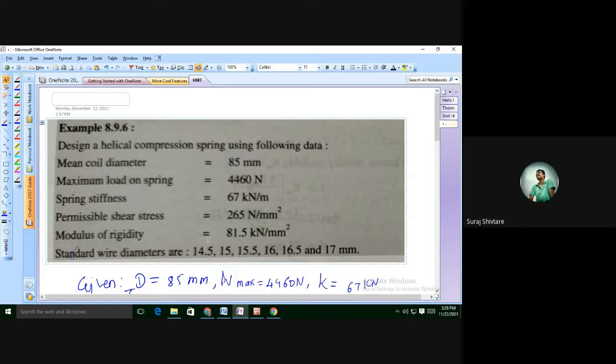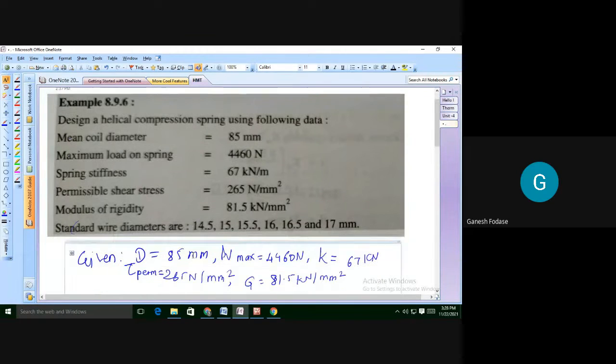Initial compression is given, which was not given in the first case. But which parameter was given in the last case but is not given in this case? See, the procedure is the same. The procedure does not change. But the only difference is you need to check formulas and your basic parameters.